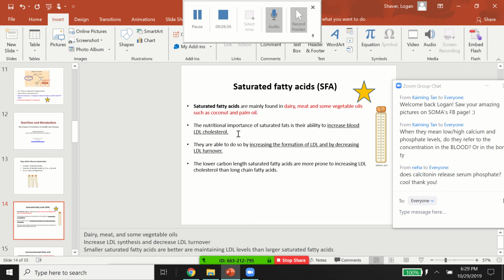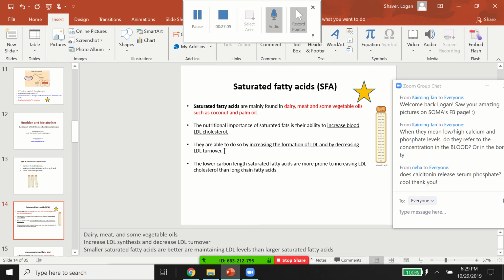They do this by increasing formation of LDL or by decreasing LDL turnover. So they increase LDL by one of two ways: either by making more of it or by decreasing the breakdown of LDL. So don't get yourself confused.